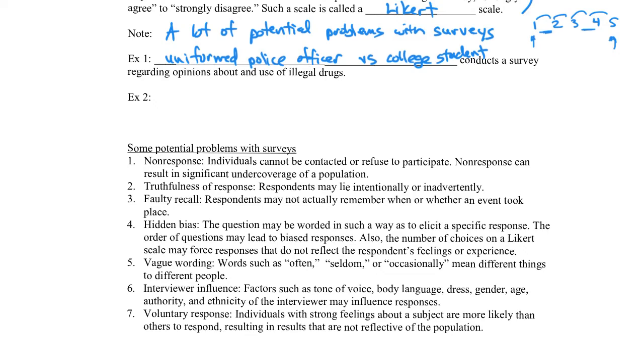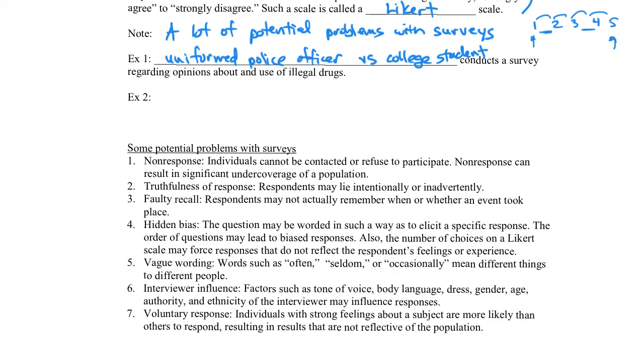It's just kind of human nature. So if the surveyor is old or young, male or female, everything matters. The way they speak, race, the way they're dressed, everything matters with a survey. So you just have to be really cautious about any information you get from a survey.